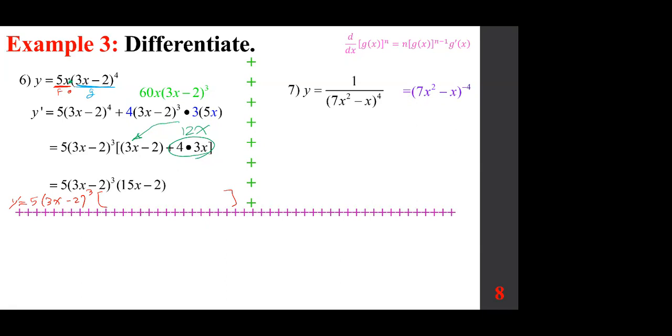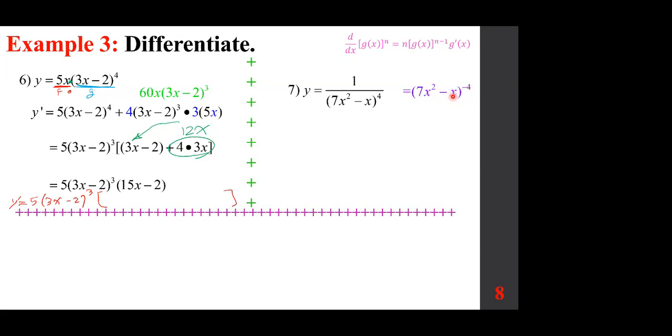Okay. So we want to differentiate this, everybody. Using this, -4 sits in front. This is the g function to the power of -4 minus 1, which makes it -5.